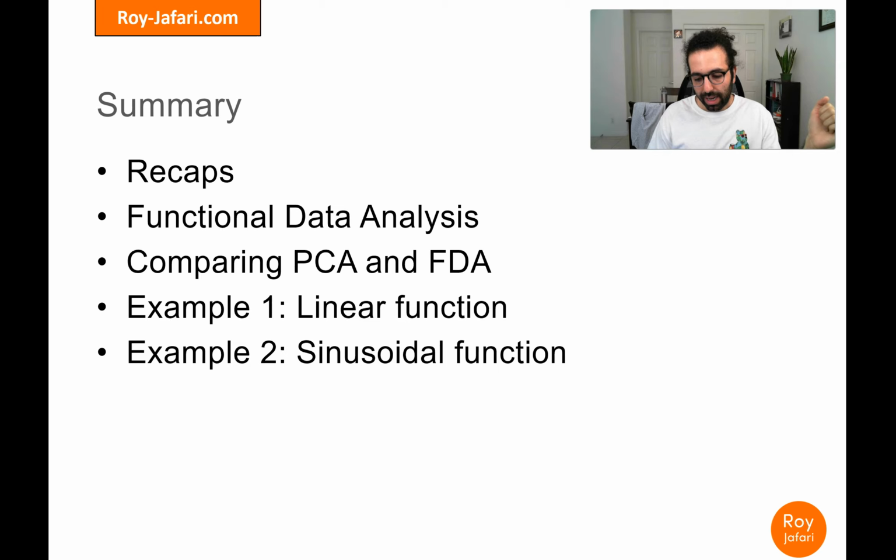And then we had another example where we saw we could use more complex sinusoidal functions to capture what we need by just making the function more complex. We were able to do a better job at reducing the size, at the same time bringing what is important from the data for us to the surface. Until the next video.